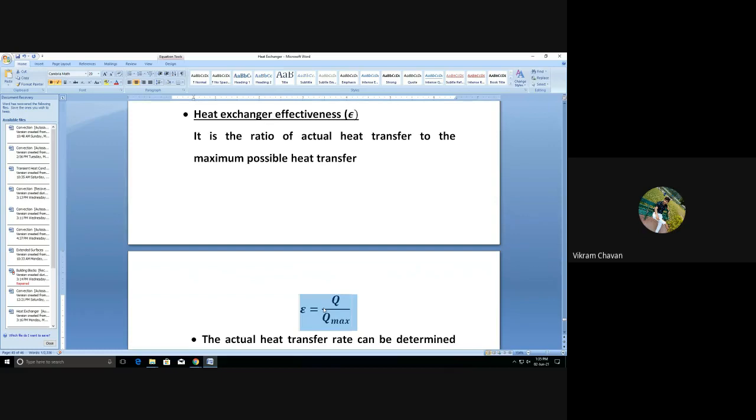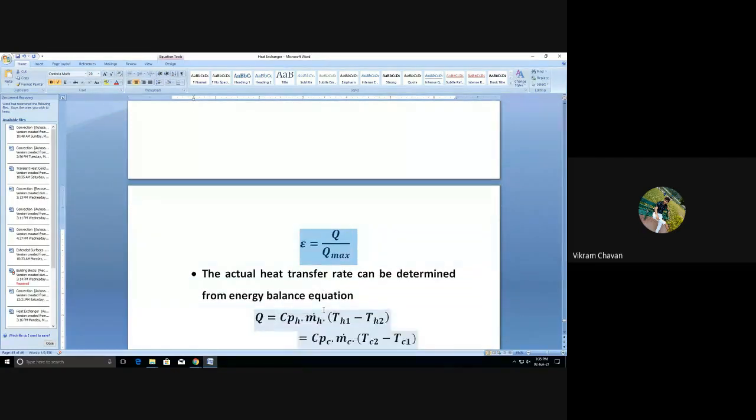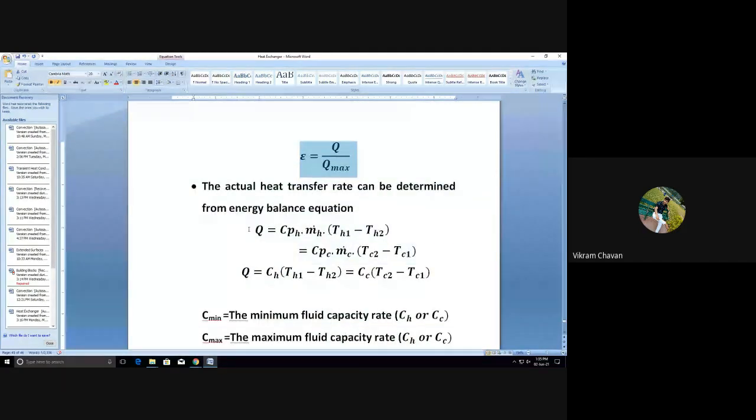But how do we determine the maximum heat transfer rate in a heat exchanger? The actual heat transfer Q is given as Q equal to CPH multiplied by m dot h multiplied by (TH1 minus TH2). This is the heat lost by the hot fluid, and an equal amount of heat is gained by the cold fluid, which is equal to CPC multiplied by m dot c multiplied by (TC2 minus TC1).